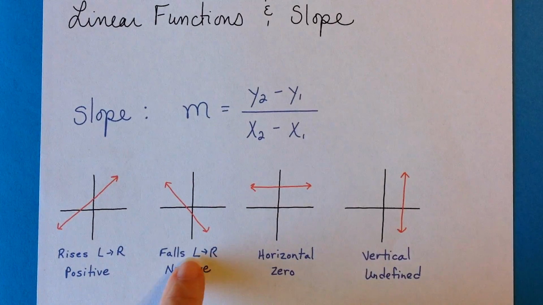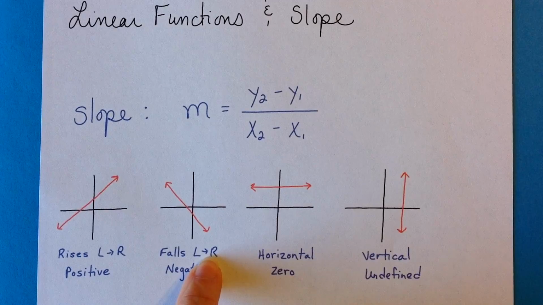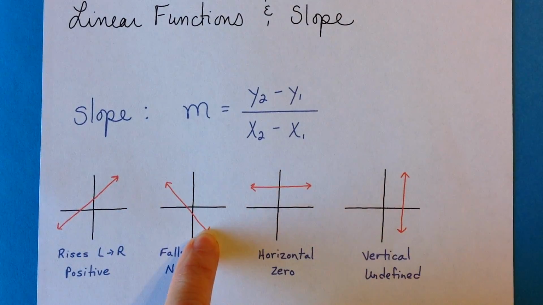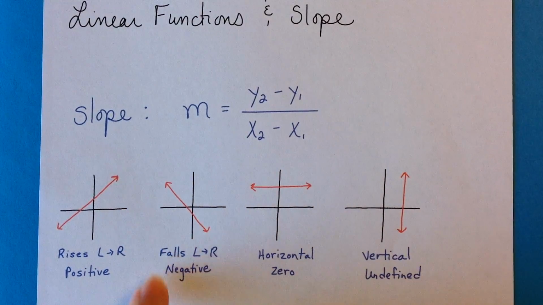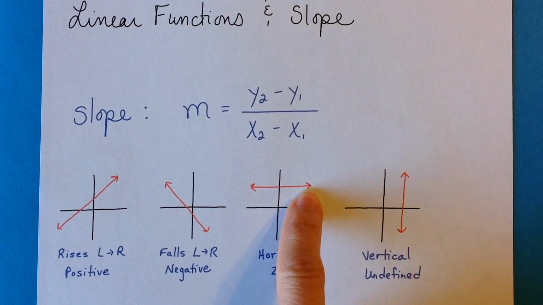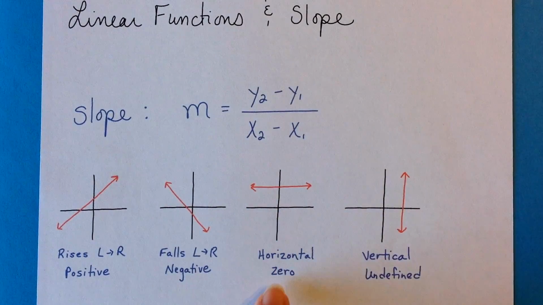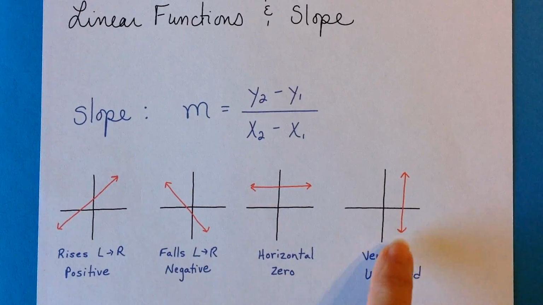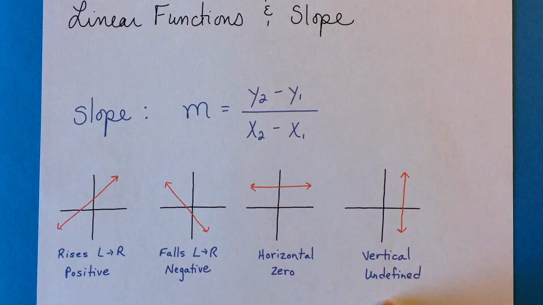If you reverse that and look at it still from left to right, but your line goes down or falls, then that slope is always going to be a negative slope. If you have a line that is horizontal, then the slope is always going to be 0. And if you have a vertical line, the slope is always going to be undefined. So either a positive number, a negative number, 0, or undefined.